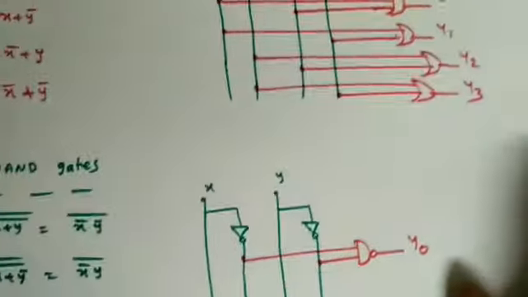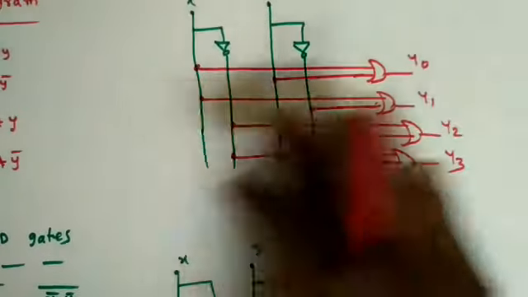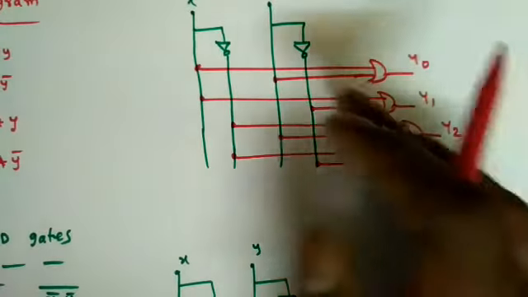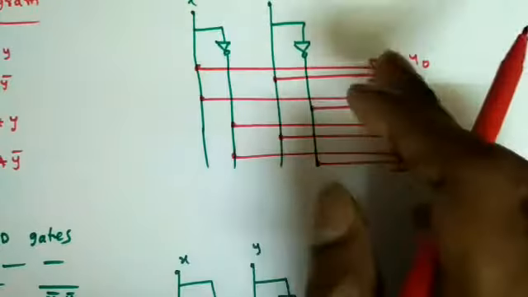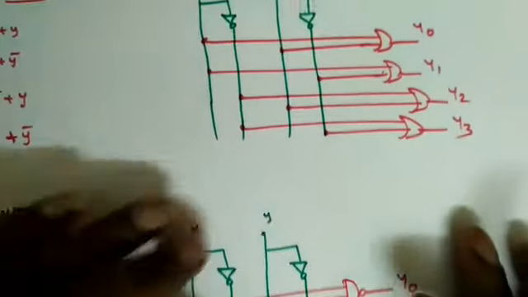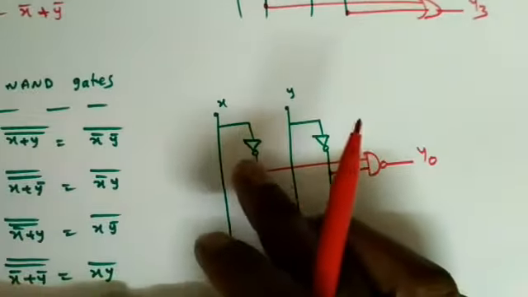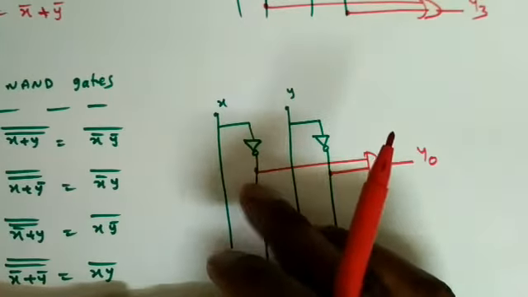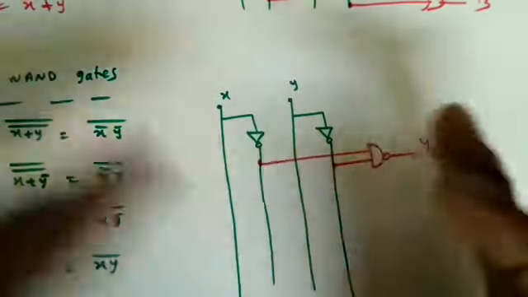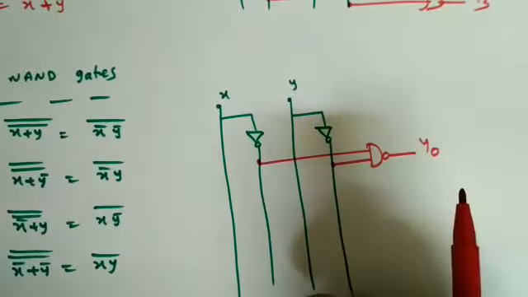But it is not about uniqueness, so we can go for the other one also. This is also correct, but we have to use NOT gates and OR gates there. Here we can simply represent the complements also using NAND gates. So this is one way of drawing the logic diagram.